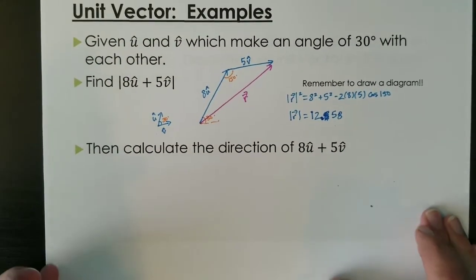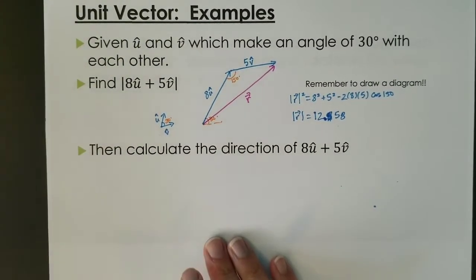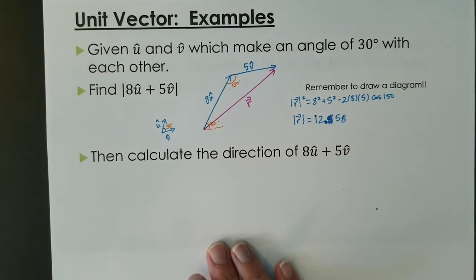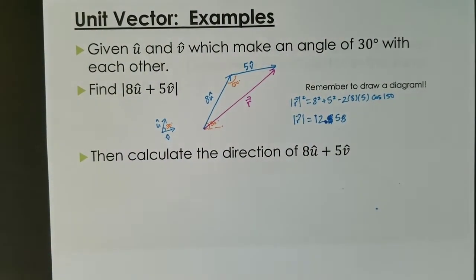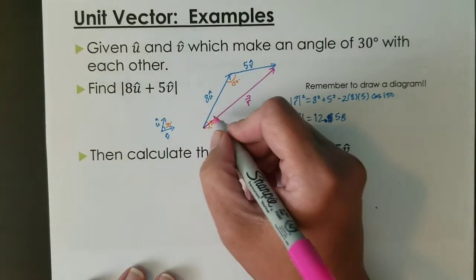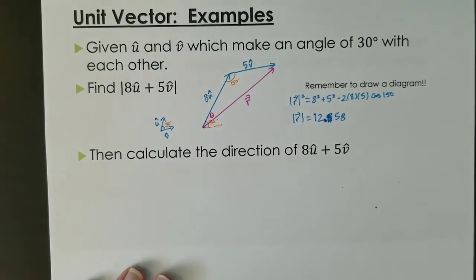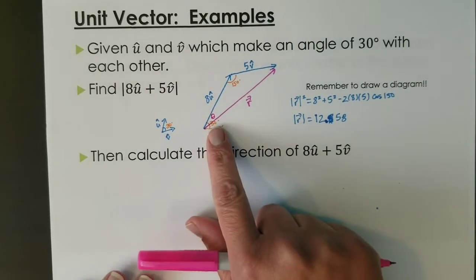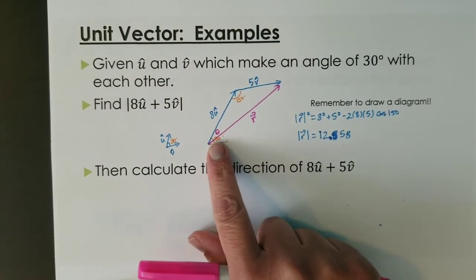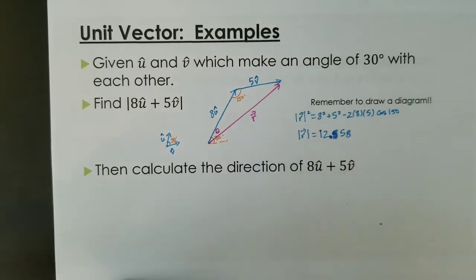We're going to continue and do both of these together to calculate the direction. So I'm going to label a new theta in there. And again, when we're considering this, we're not going to have an ambiguous case. We already have one angle bigger.